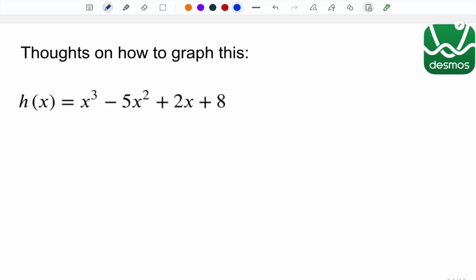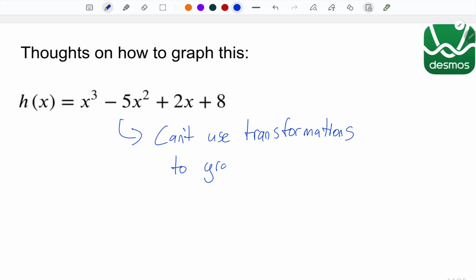It's actually impossible to get the function we have here into that form, and you can't use transformations to graph it.